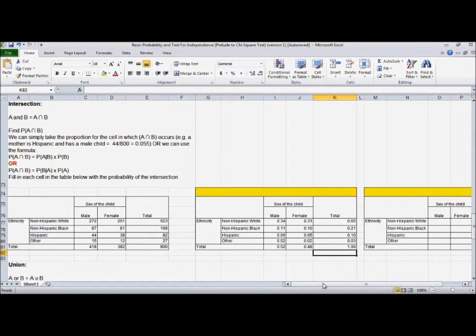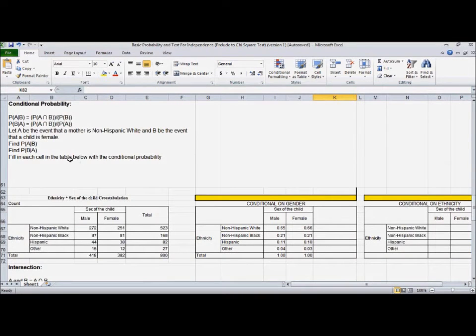Now we could go back to our previous section on conditional probability, and we know that the formula for A given B equals the probability of A and B divided by the probability of B, or the probability of B given A equals the probability of A and B divided by the probability of A. So let's get rid of these values here, and we'll use the full formula, before we use the easier method, which you can use as well, just to confirm that we get the same values.